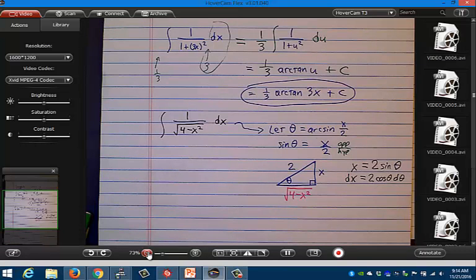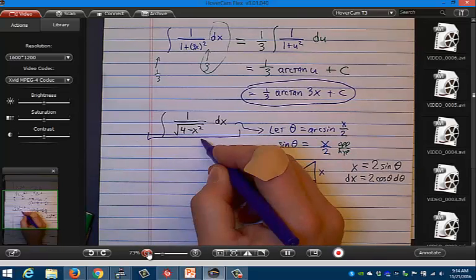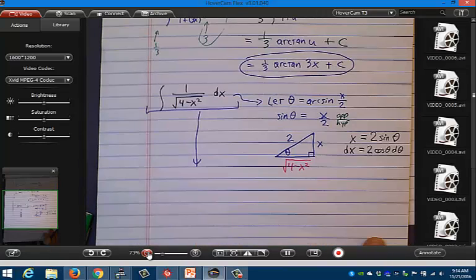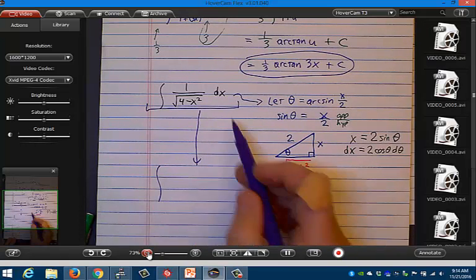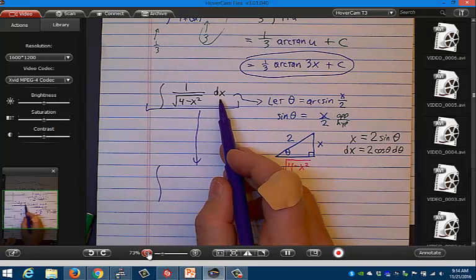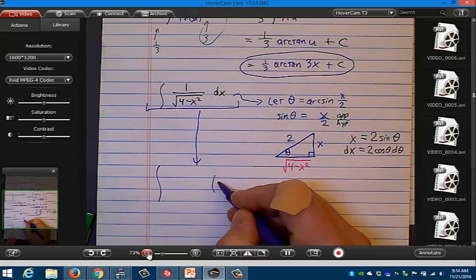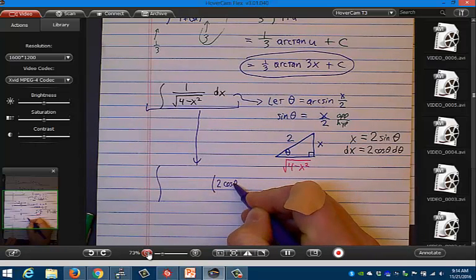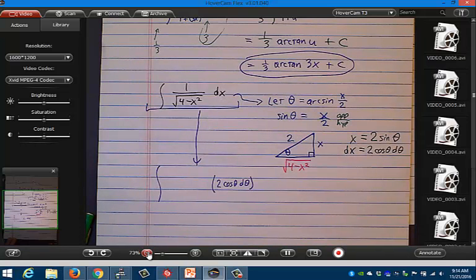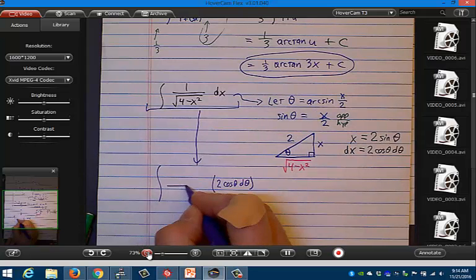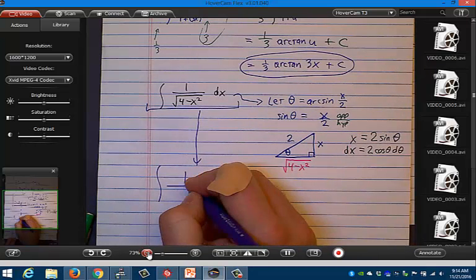And so, here we go. We're going to do our substitution here. We're going to take this integral and rewrite it now. It's really beautiful what happens. Watch. Integral, where it used to say dx, we're going to write 2 cosine theta d theta, because that's what the dx is. We just worked that out. The other thing is a big fraction. I'll do the numerator, 1.